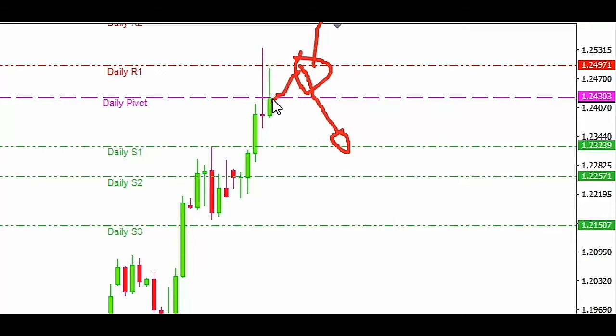Either if market directly goes back to this point and this point, and if market goes return, then it will touch our resistance point, or if it crosses that line, then there is a possibility the market directly goes to the support too. So this is all about the EURUSD.